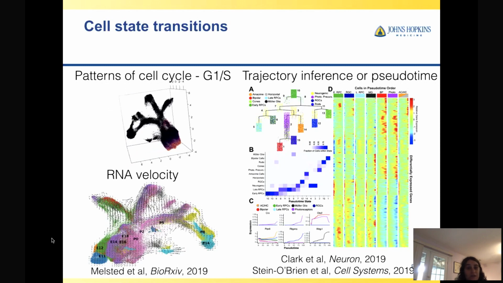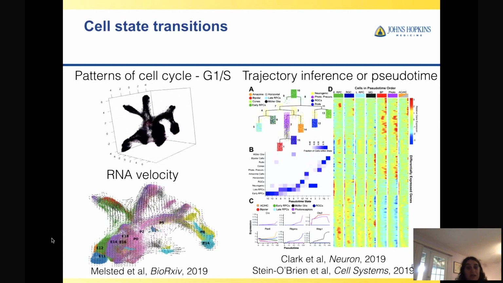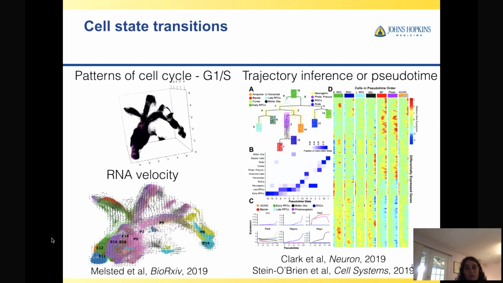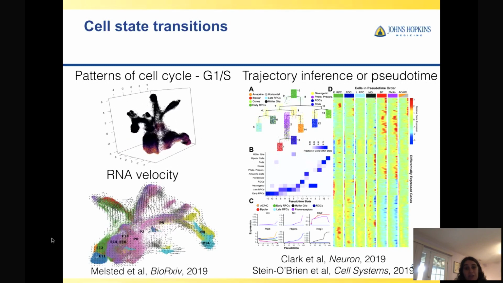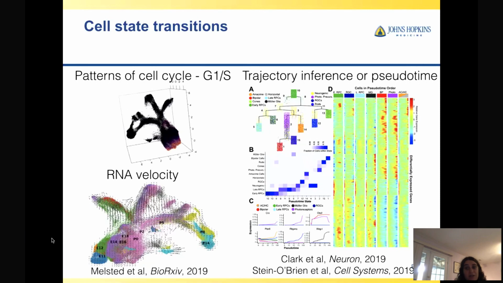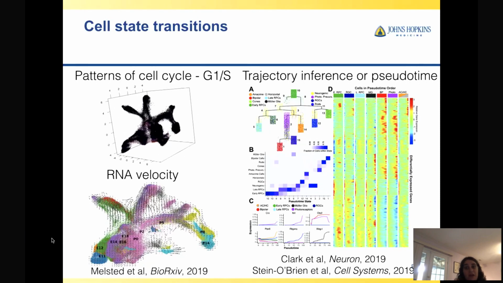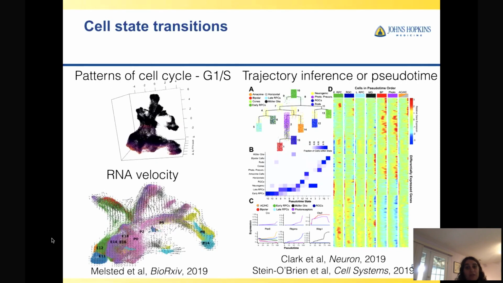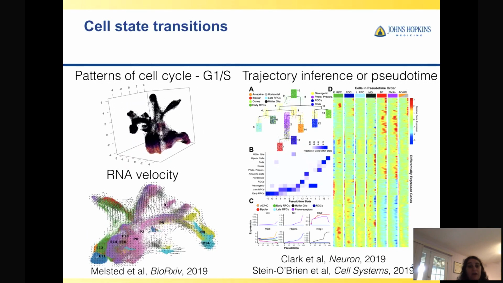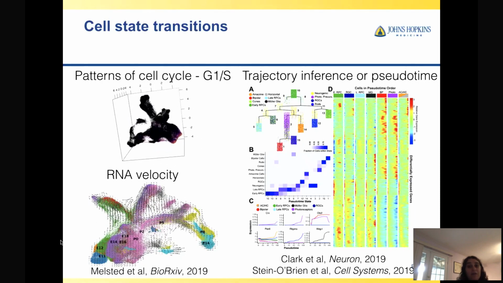One is building on this notion of RNA velocity, which is this idea that if you use the single cell transcriptional information, by looking at the ratio of spliced and unspliced gene products, you can figure out the relative maturity of a cell and use that to rank where it's going over time. And that gives you this velocity field through the concept of RNA velocity on the bottom left.